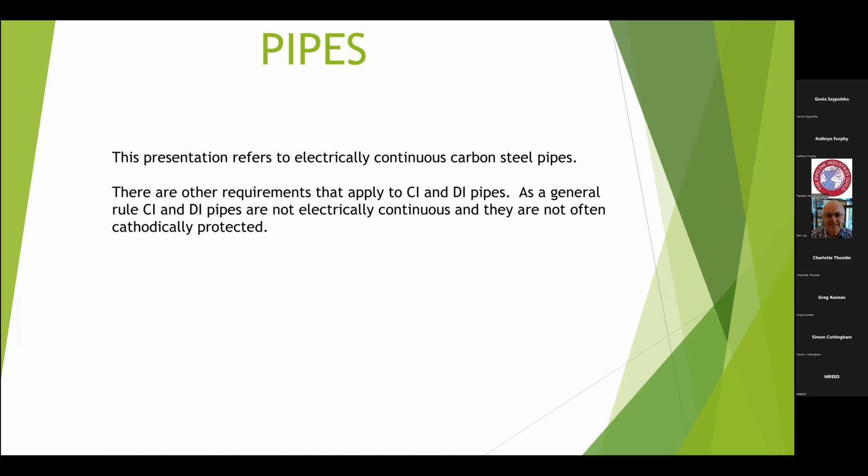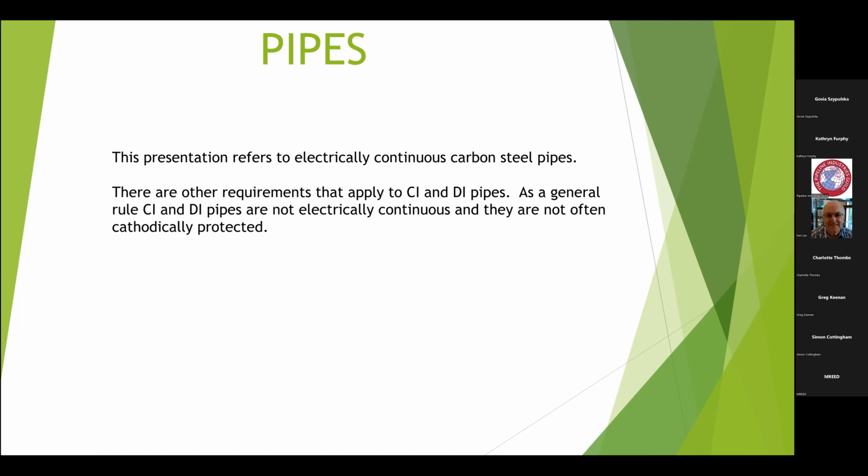Principally, this presentation refers to carbon steel pipes. There are different needs for cast iron and ductile iron pipes. As a general rule, it's not universally true, but as a general rule, cast iron and ductile iron pipes are not cathodically protected as a routine.